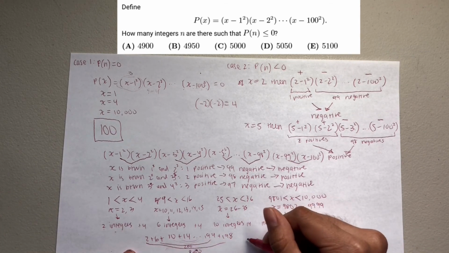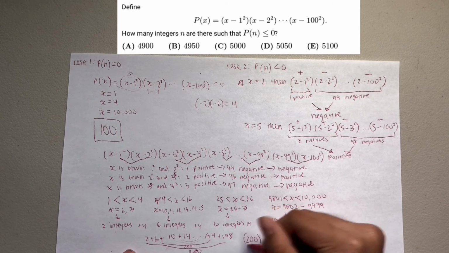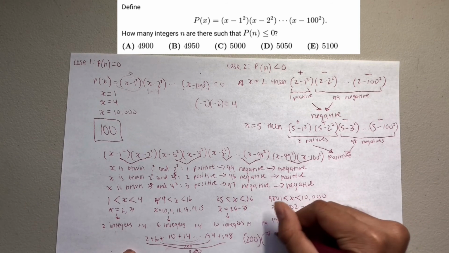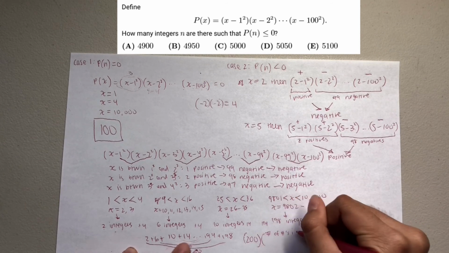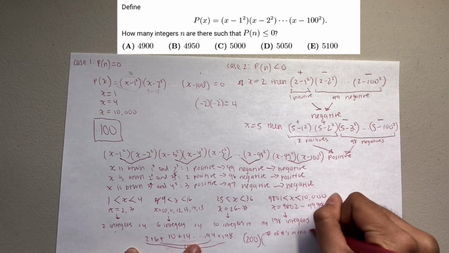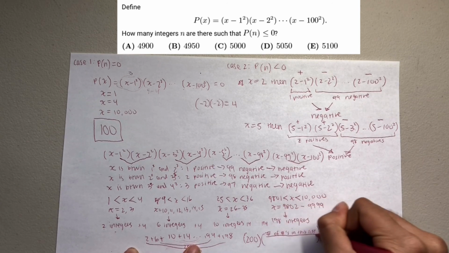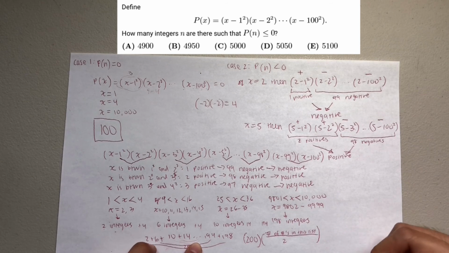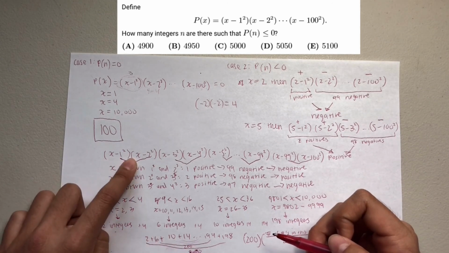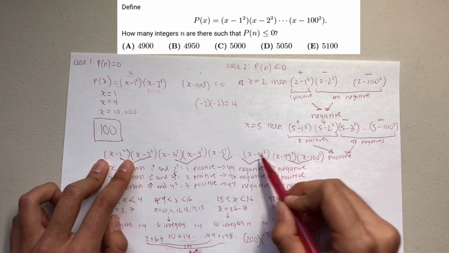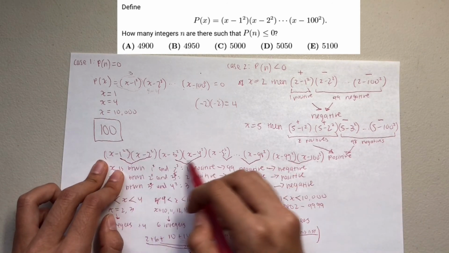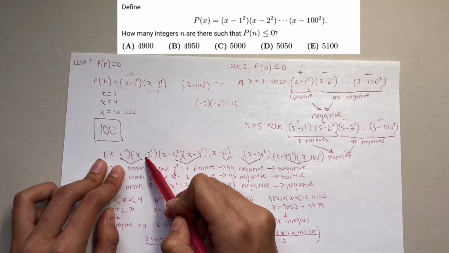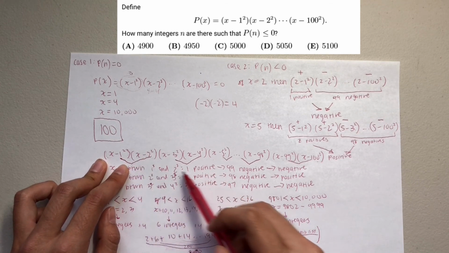The sum would be 200 times the number of numbers in this list divided by 2. And so in order to find out how many numbers are on this list, we can look back to here. There are 100 of these numbers in parentheses here. We took pairs of each, so that means that there are now 50.